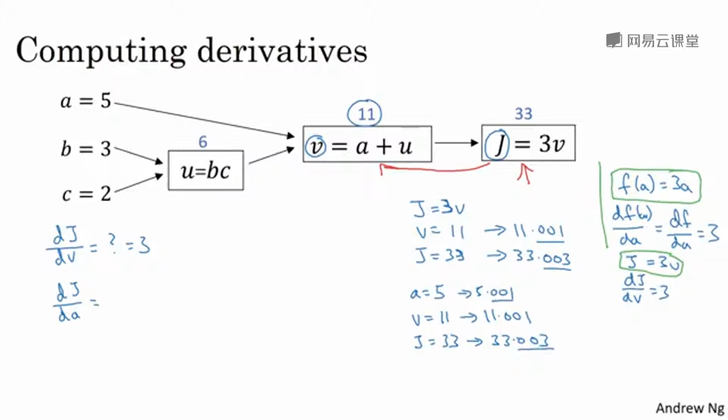And by increase a, I mean, if you were to take this value 5 and just plug in a new value, then the change to a will propagate to the right of the computation graph so that j ends up being 33.003. And so the increase to j is 3 times the increase to a, so that means this derivative is equal to 3.